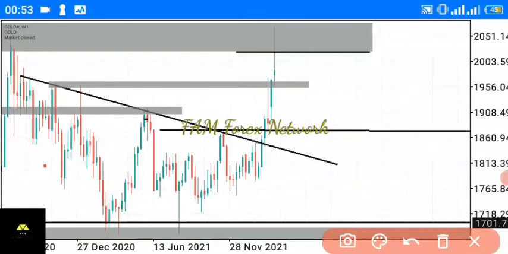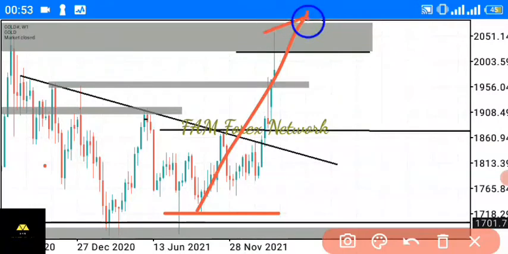I have to wait for the market to come back and balance something. You can see what happened at this particular point. The market came back to balance it. Conservative traders, we don't just go in. It came back to the 50% of this pin bar before you see a pull up to the upside.